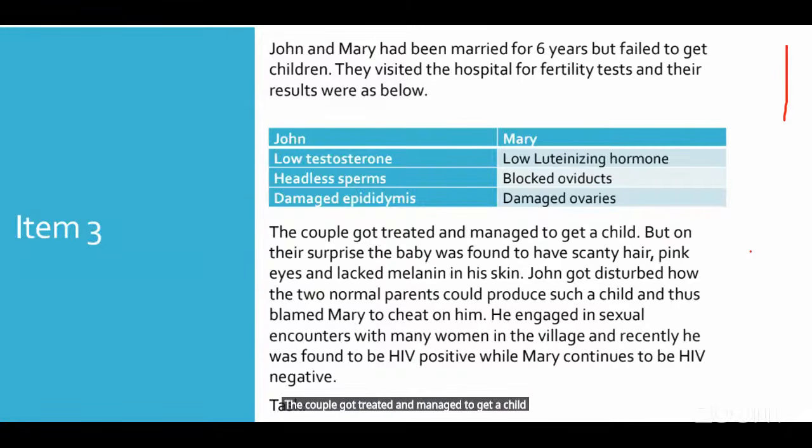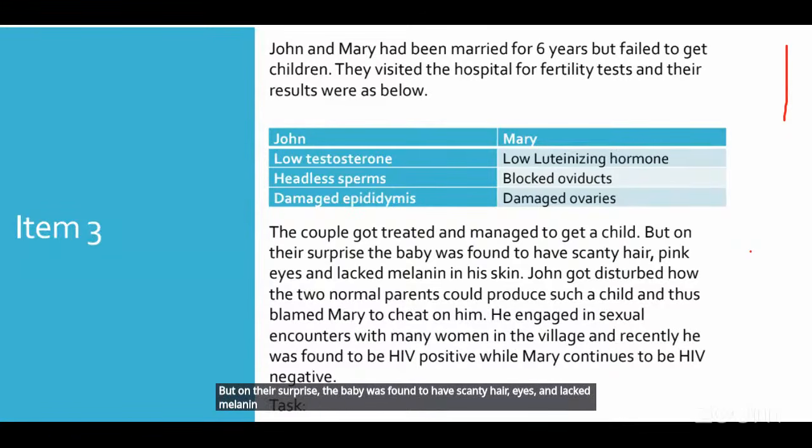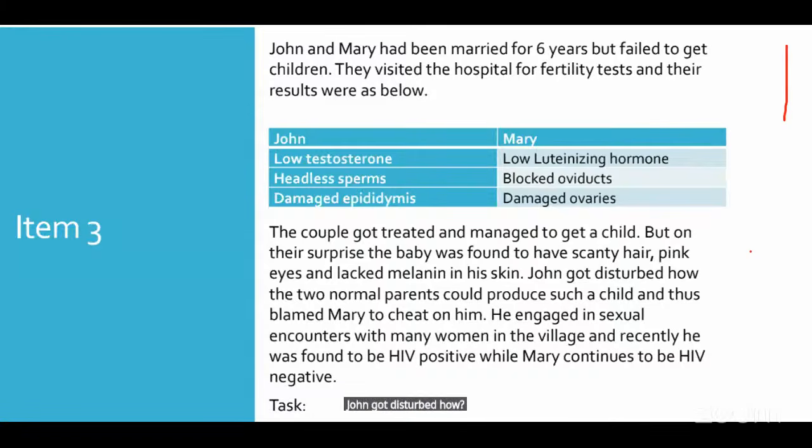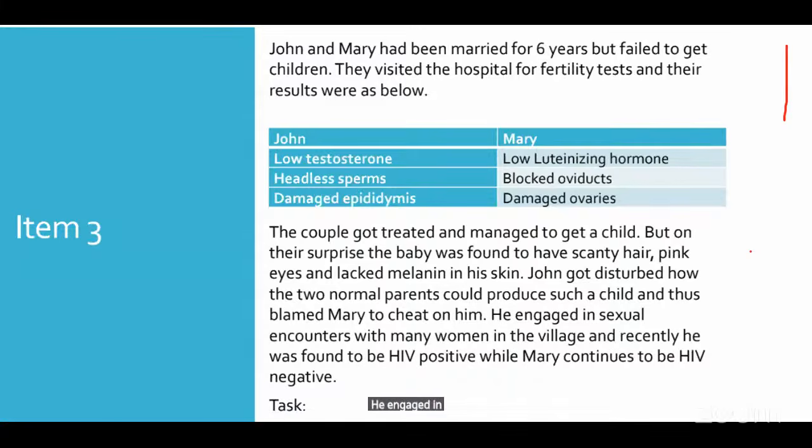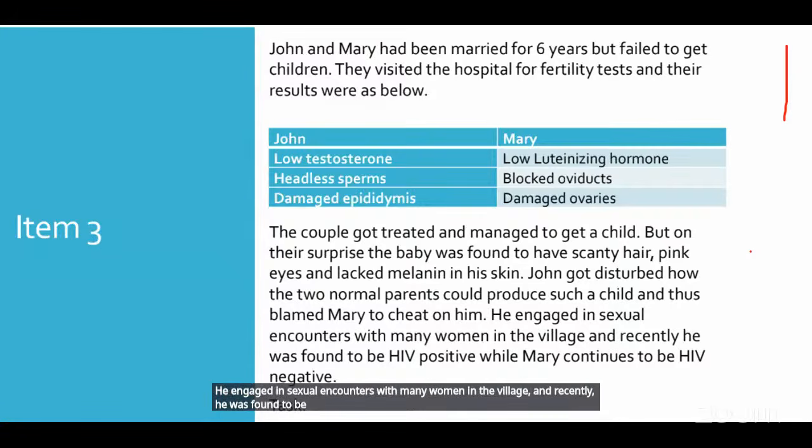But to their surprise, the baby was found to have scanty hair, pink eyes, and lacked melanin in his skin. John got disturbed how the two normal parents could produce such a child, and thus blamed Mary of cheating on him. He engaged in sexual encounters with many women in the village, and recently he was found to be HIV positive, while Mary continues to be HIV negative.